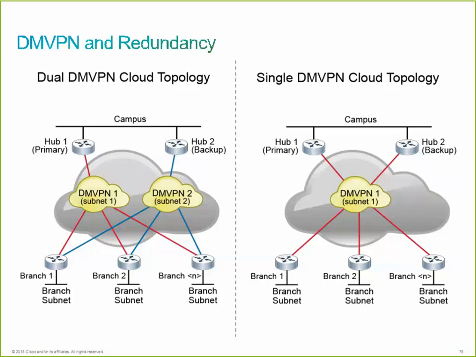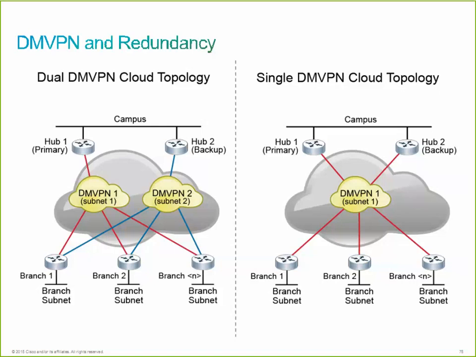So with a dual DMVPN cloud topology, it's easier to create the hub and spoke only environments, but it's very difficult to maintain the spoke-to-spoke environments. All right? And the primary reason for that, by the way, is that the router receives routing information from the hubs on completely different tunnel interfaces.